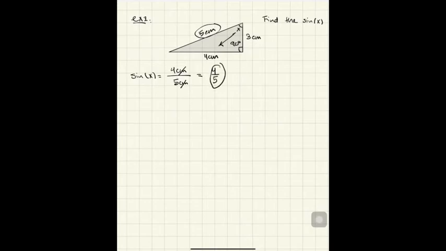Okay, so now if they told us find cosine of x, I'm going to go ahead and write cosine of x is equal to, obviously I already used 4, so the only other side, other than the big guy, that is left is 3 centimeters. So I'm going to write 3 centimeters divided by the big guy, 5 centimeters. Centimeter cancels out, gives us 3 over 5.